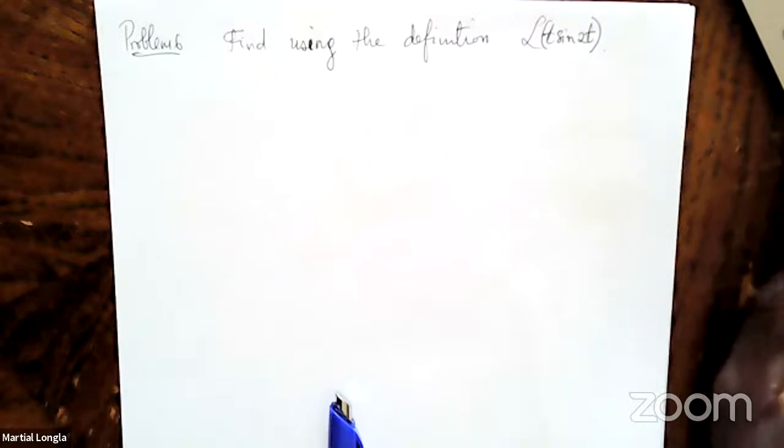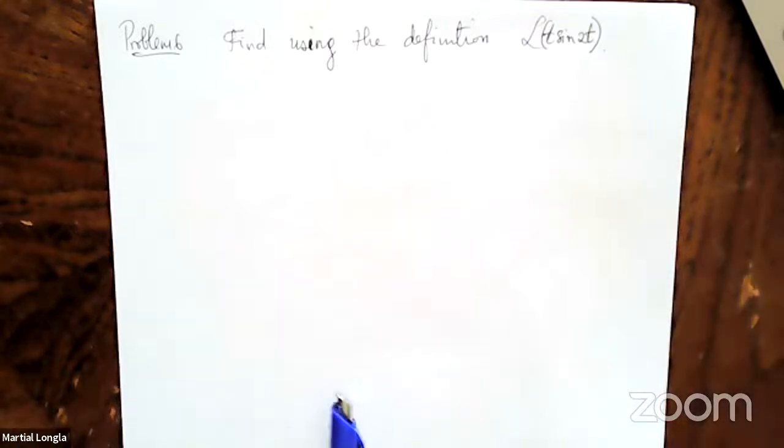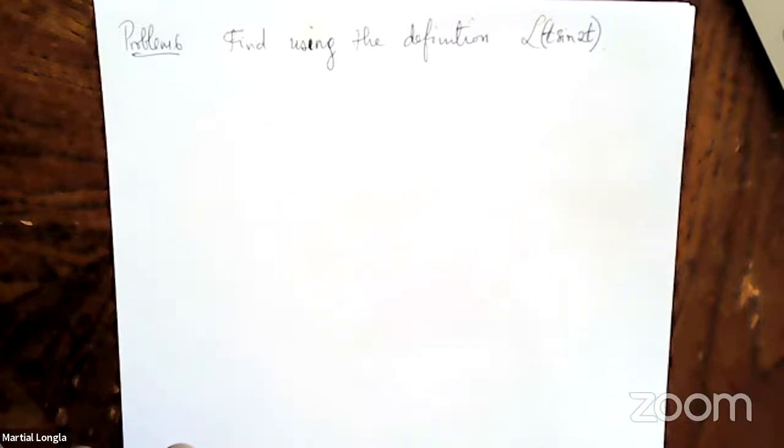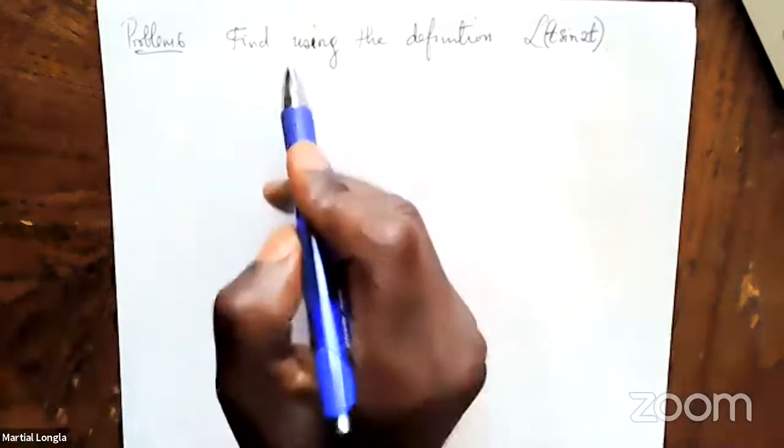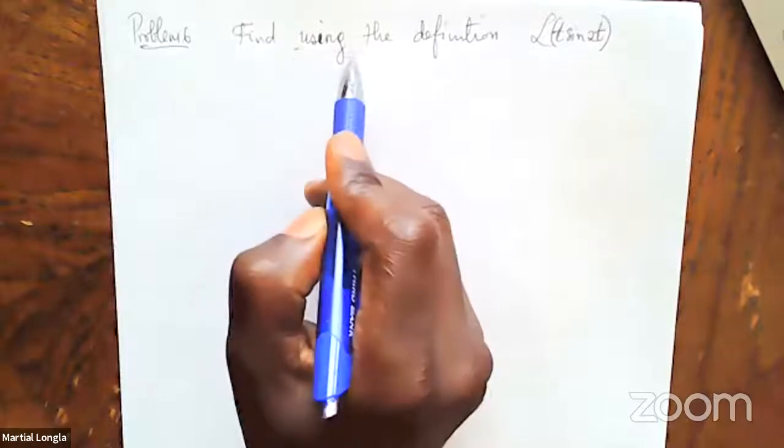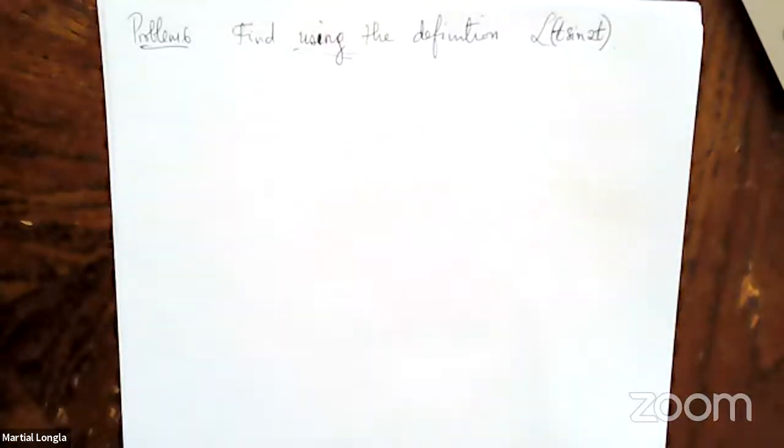Do we use a over s squared plus a squared? I said use the definition. That's a theorem. When you say use the definition, it means you write down the integral and compute.